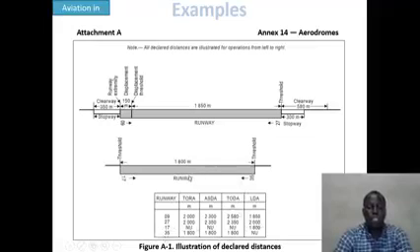For the second runway, you will see for runway 17 there is a mention NU, which means not usable.